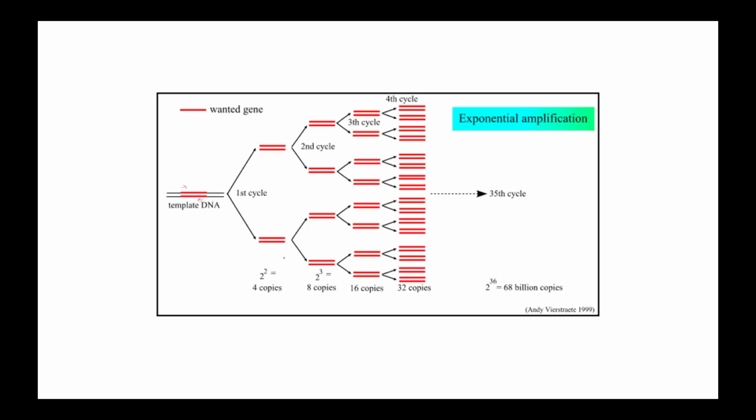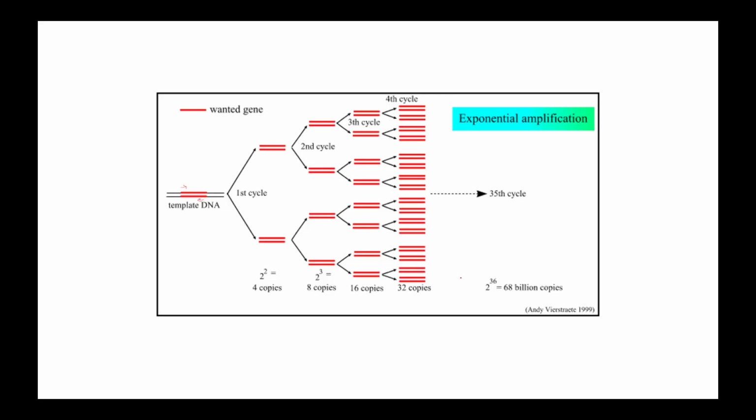In the first cycle, from 1 we have 2 DNA fragments. In the second cycle, from 2 we have 4 fragments, and it goes on: 8, then 16, then 32 fragments. So it increases exponentially. Okay, so it is an exponential amplification.